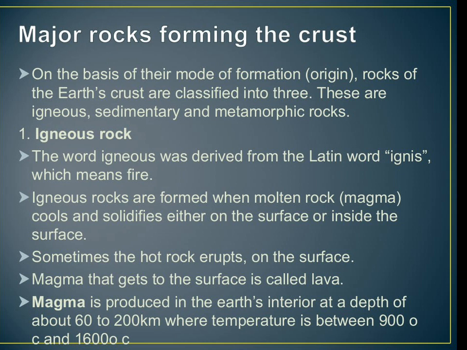Igneous rock is formed when the molten rock cools and solidifies either on the surface of the earth or inside the earth. Sometimes the hot rock erupts on the surface of the earth.